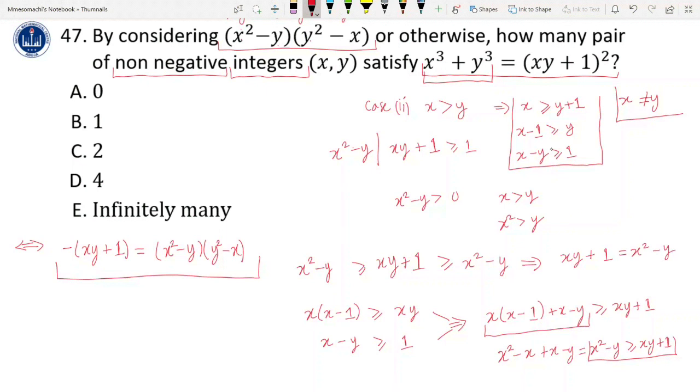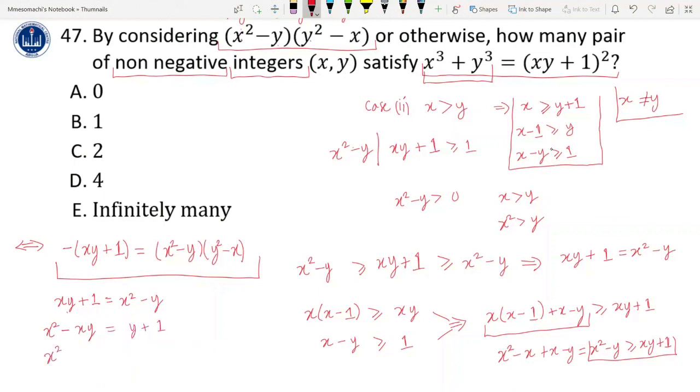So this gives us that xy plus 1 equals x squared minus y. And so we can try and solve this as a quadratic in terms of x. So I'll just use ideas of completing the square. We have x squared minus xy, so take this to this side, and it is equal to y plus 1.